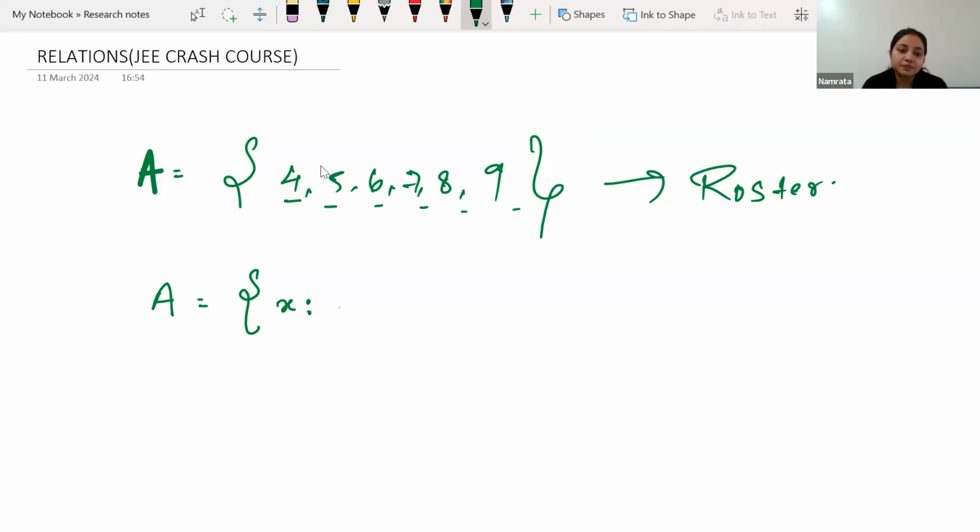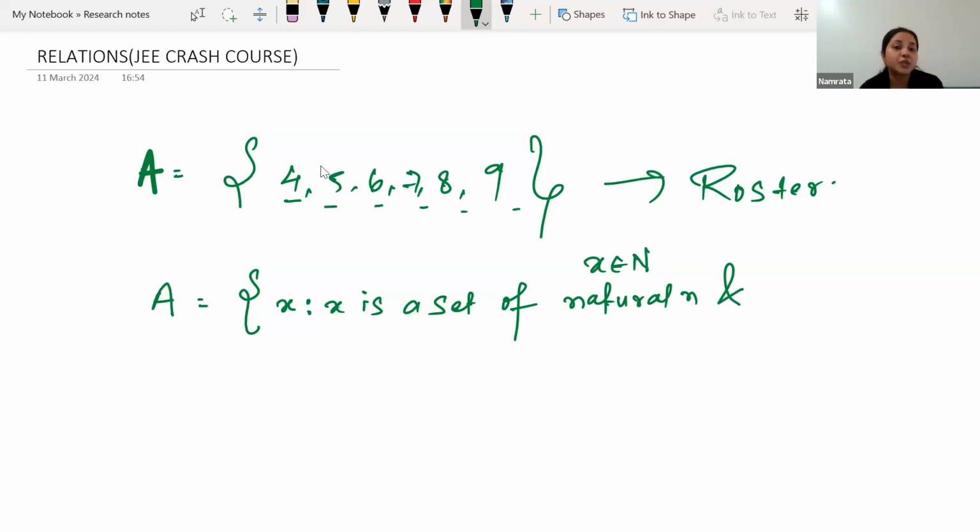So x belongs to N, natural numbers. And we also have to write the condition, that is x greater than 3, less than 10. In a very simple way, x is greater than 3 and less than 10. This is called the representation of set in set builder form.